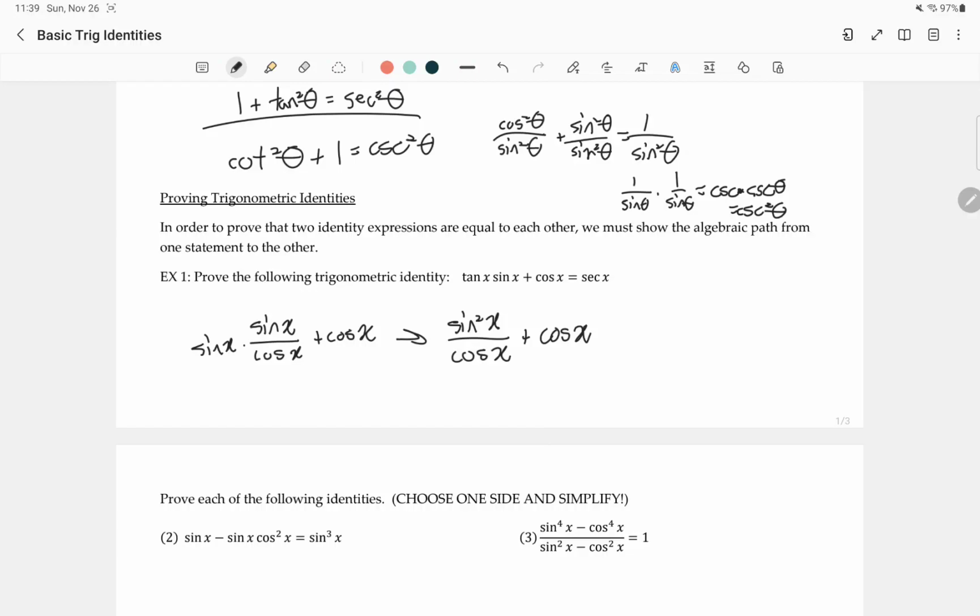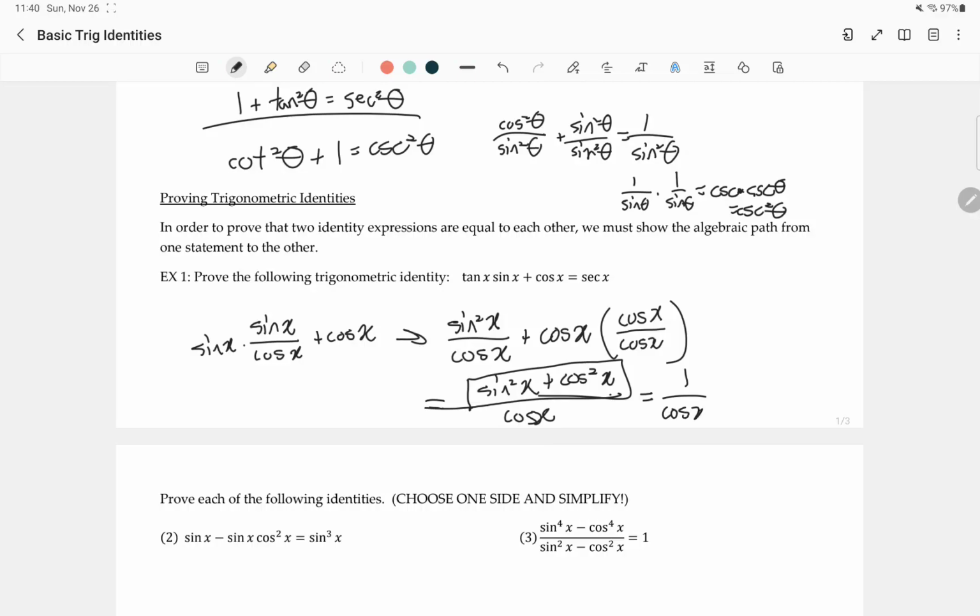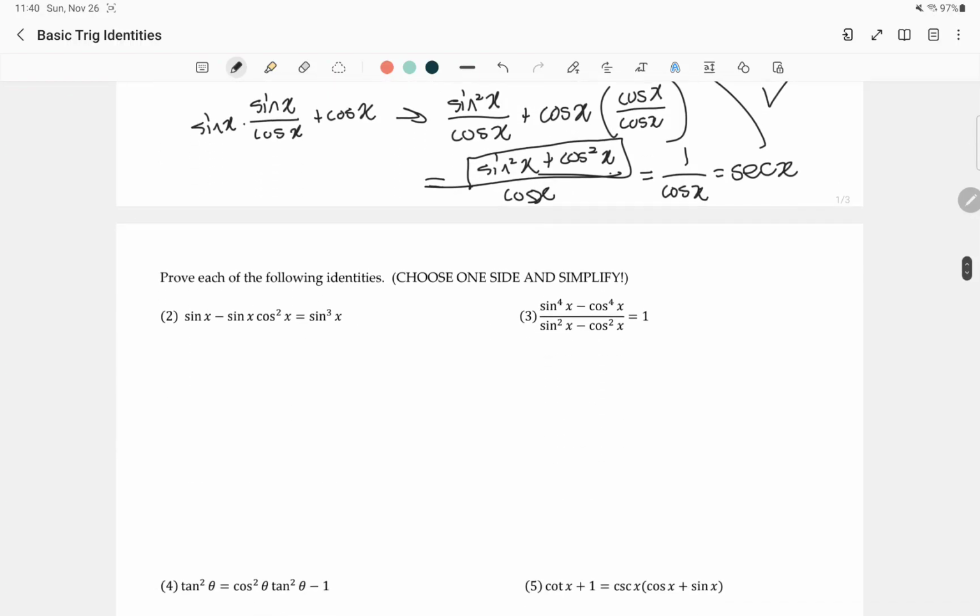So if we want to get another cosine x on the bottom, we have to multiply, so we can combine like terms. And this is going to equal sine squared x plus cosine squared x all over cosine x, right? And look, it's our Pythagorean identity right here. So we know that's equal to 1. So we're going to do 1 over cosine x. And this is defined to be secant x by the reciprocal identities. So that checks out. Perfect.